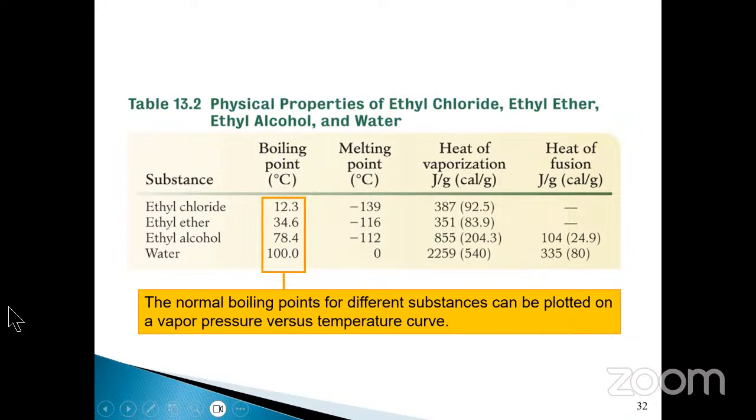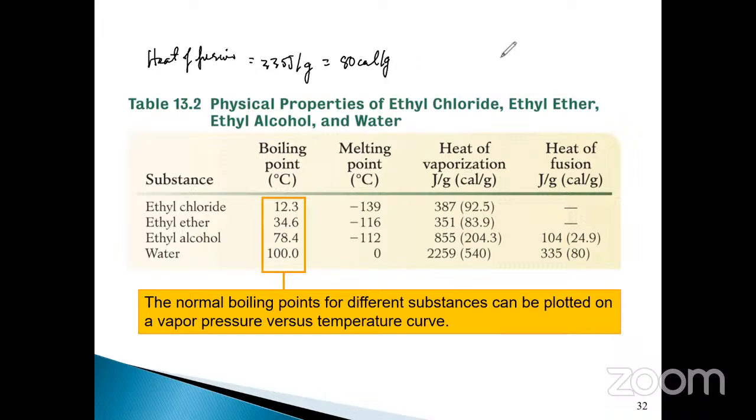Let me write this value down somewhere here. Heat of fusion of water is equal to 335 joules per gram, which is equal to 80 calories per gram.